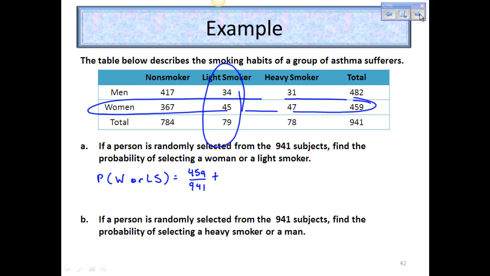And then, probability of a light smoker, again, that's totaled for you, so 79 out of 941. And we see that we have a place where they overlap. So they can occur together. You can have a woman that's also a light smoker. So we have to subtract that, 45 over 941. And once we do that calculation, go ahead and convert that to a decimal with 3 decimal places. That would be 0.524.